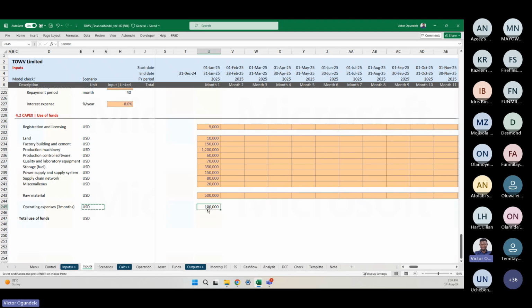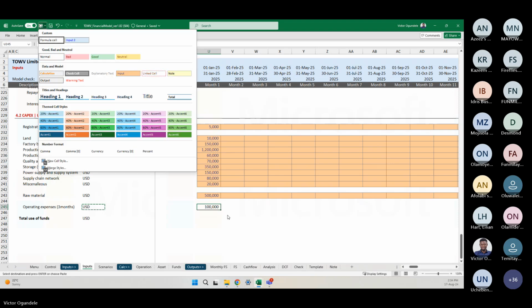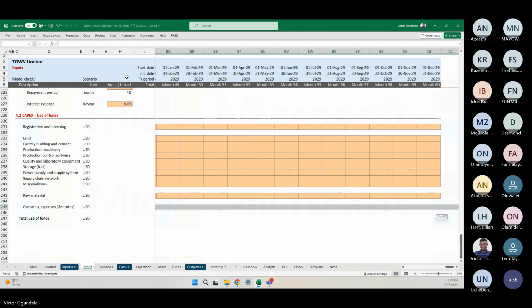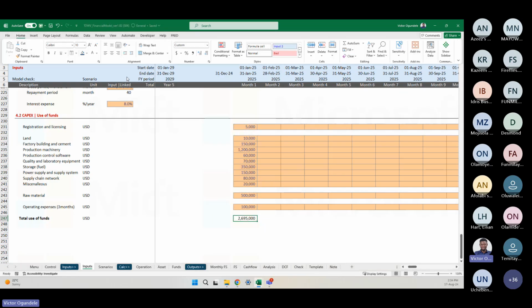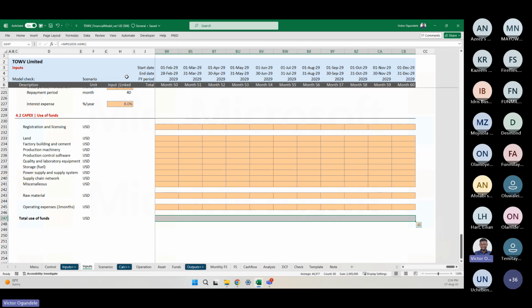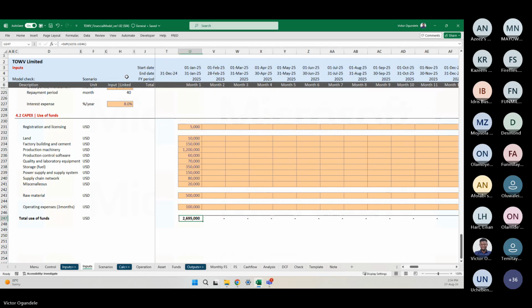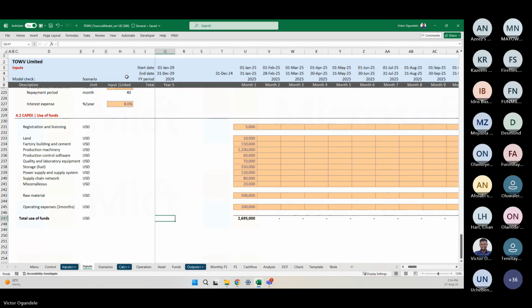They've given us all the values. You can do your summation of all the line items so that we know the total funding needed. It's our total use of funds.